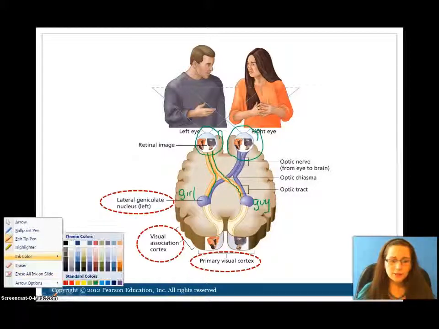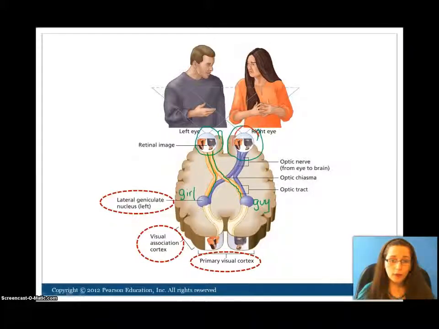But let's switch it up. Let's look at our other side, because from our right eye, we also have a split going on. And in our right eye, we have some information going to our right side. In this case, the guy's on the right. So again, the guy is going to our right side. And then part of the right eye goes over to the left brain. So now the girl is ending up on the left as well.